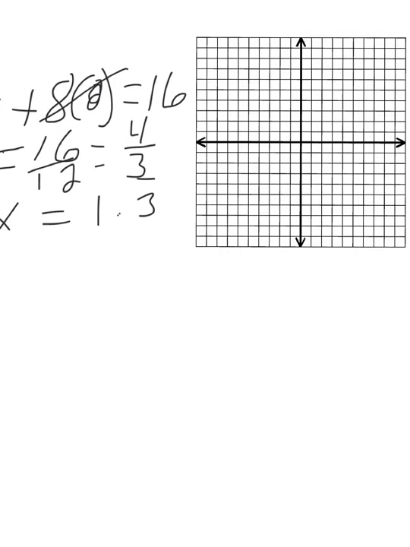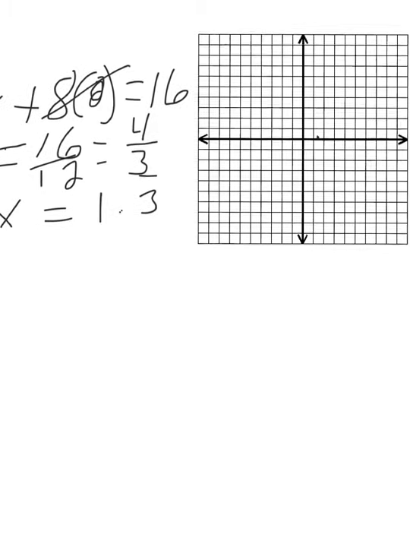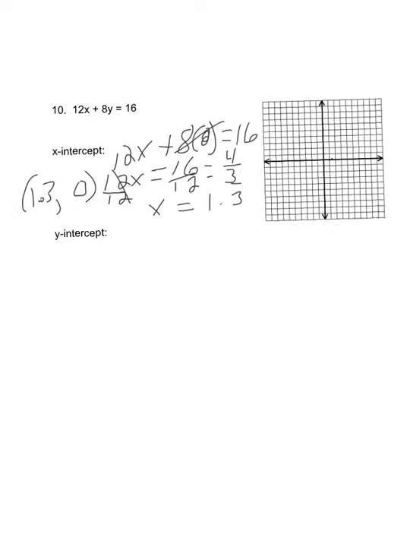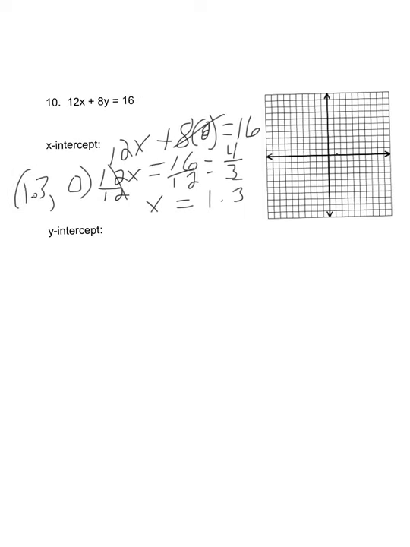So basically, that's just a little more than 1. So on my graph on the x-axis, I would go over to 1 and then go a little bit more and put a point. So it's not quite a half, but right about there. Okay, zooming back out.